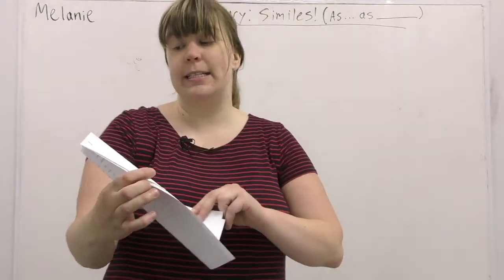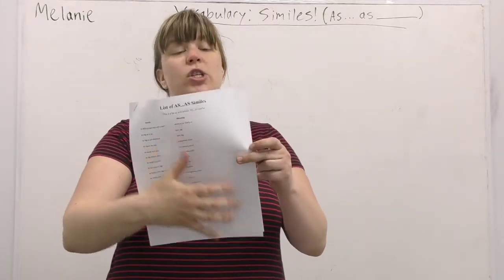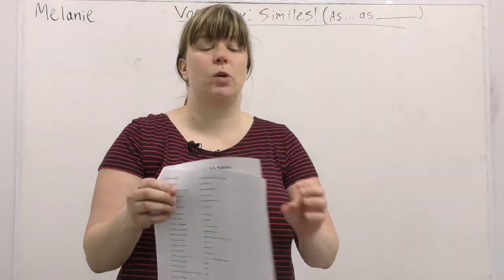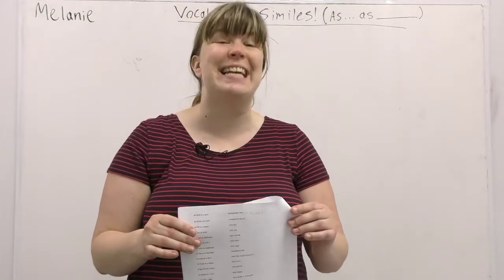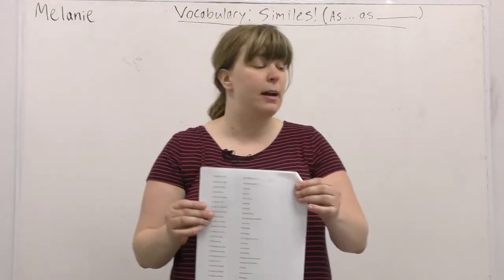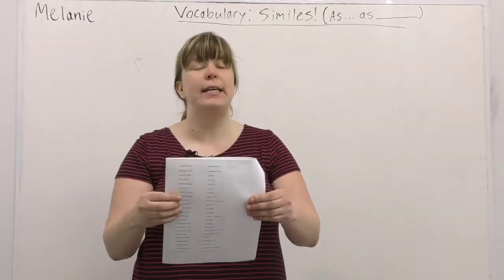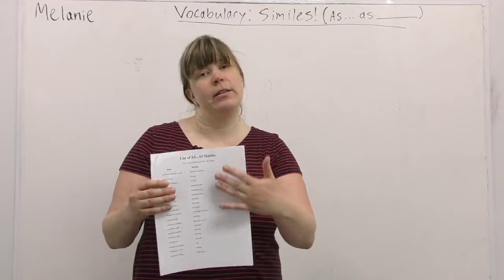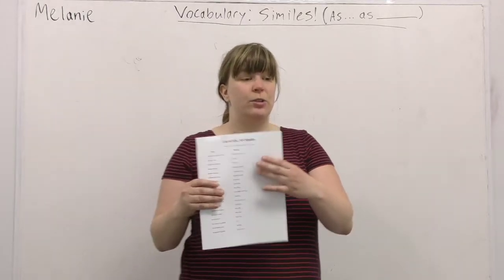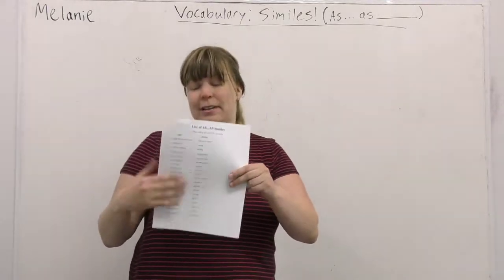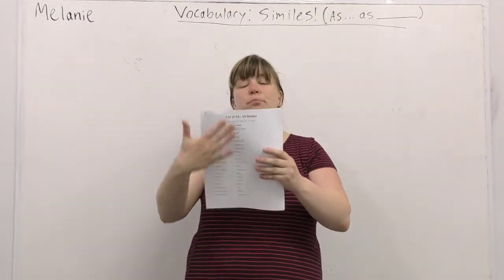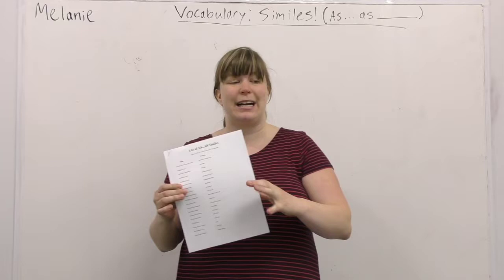Now, these similes, there are so many of them. I've just chosen 13, so we're going to try and do 13 of them, because there's no way we can cover all of these. But if you're interested, you're more than welcome to give these a try. Feel free to browse through the rest of these in your free time.